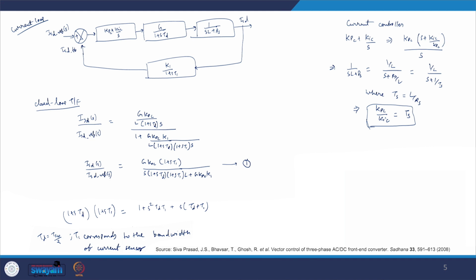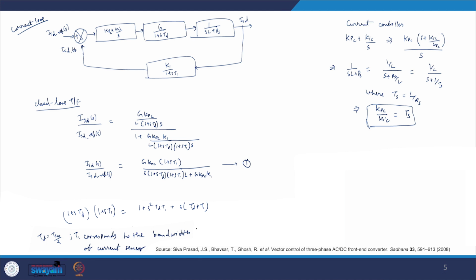Both Td and T1 are very small quantities. For example, let us take a switching frequency of 10 kilohertz, then Tsw is 100 microseconds and Td is 50 microseconds, while T1 generally will be taken at least 10 times smaller than the switching cycle period, so it will be around 10 microseconds. So if we do the product of Td and T1, it will be very small, nearly 0.5 nanosecond.